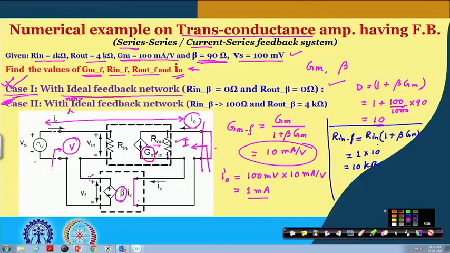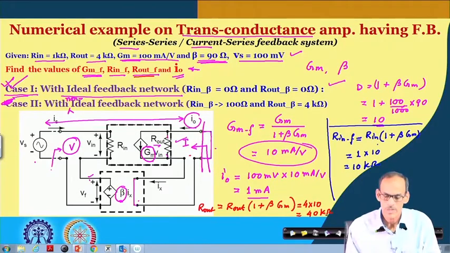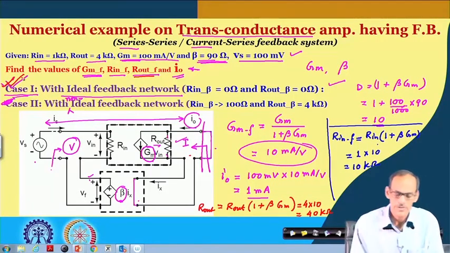Similarly, if I consider output resistance R out, here also since it is a series connection, we expect that R out will also get increased by this desensitization factor, namely 1 plus beta into GM. So the original resistance of the forward amplifier, 4 k, multiplied by the desensitization factor of 10, gives us 40 kilo ohm. That is how we can calculate for case 1.